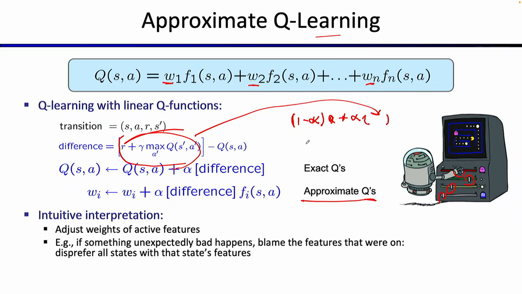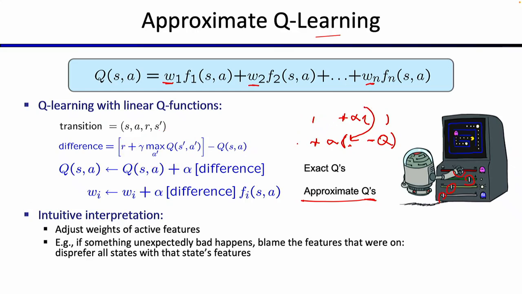Or if we expanded it out, we could have written it as Q plus alpha times this quantity minus Q. Hopefully my handwriting is good enough to clarify. Yeah, good question. This is a little bit of a sneaky thing, I have to admit, that we've done to make this a little bit clearer. Any other questions?